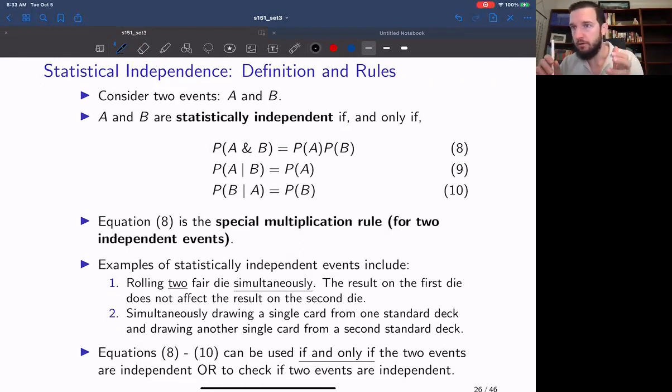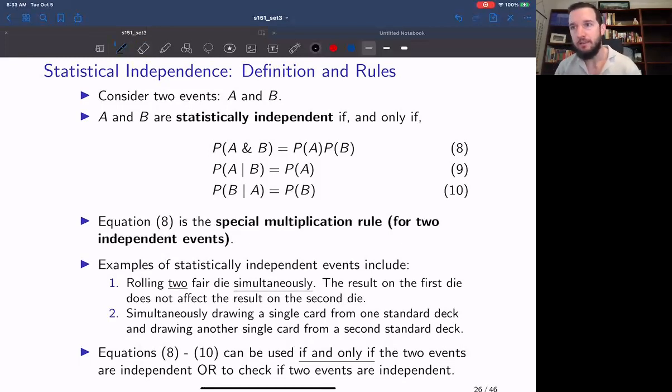It's understandable, but it's something that we are going to spend a fair amount of time on to try and make sense of. First, in general, what does it mean when events are independent? For the most part, we're only going to consider 2 events, but these definitions extend to multiple events as well.